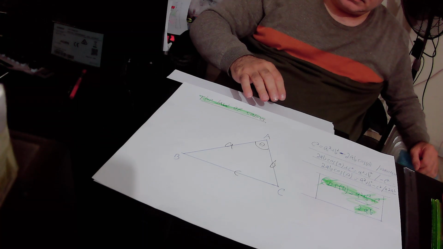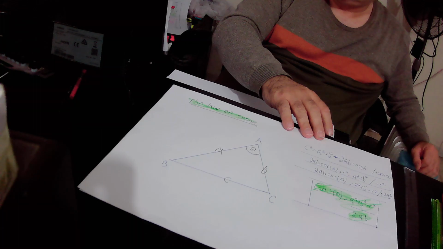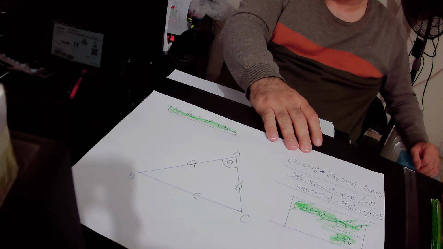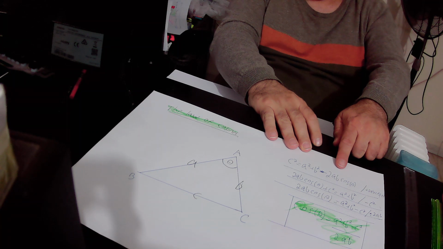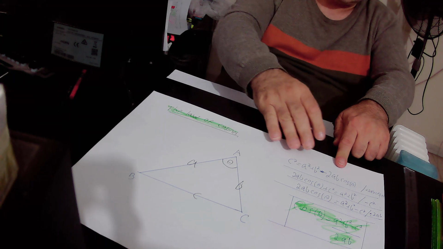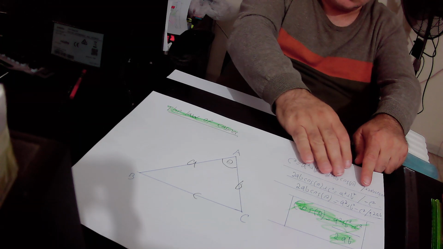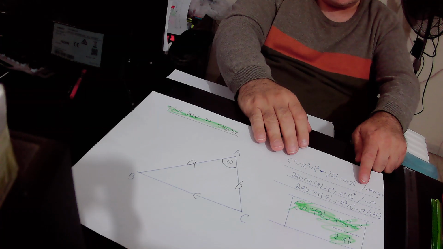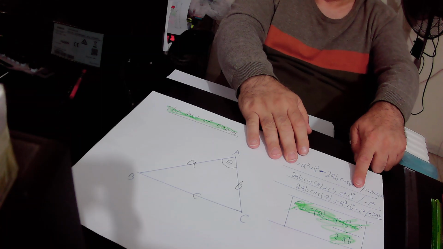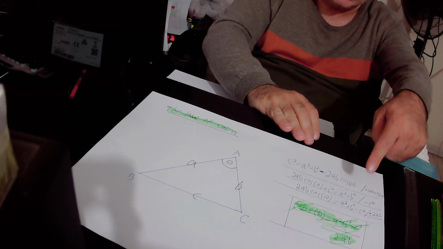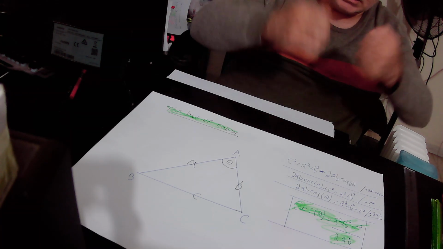Here we'll add to this equation 2 times AB cosine theta, and we'll get 2 times AB cosine theta plus C square equals to A square plus B square. In the next step, we'll subtract from this equation C square, and we'll get that 2 times AB cosine theta equals to A square plus B square minus C square.